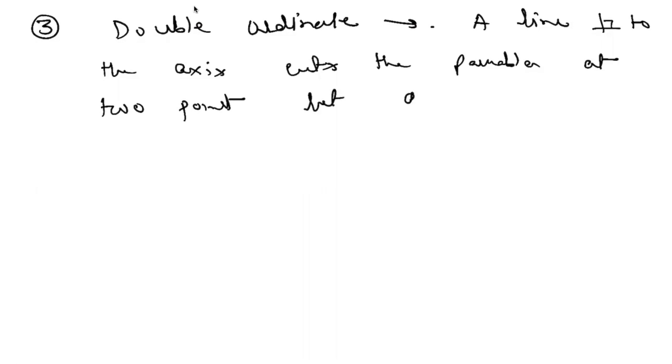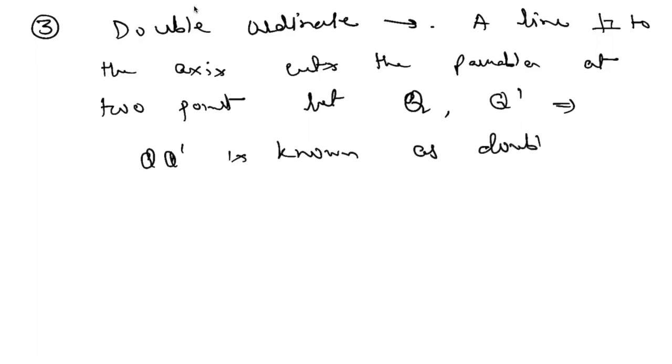Let these be Q and Q prime. QQ prime is known as a double ordinate. First note down, then I'll show you.